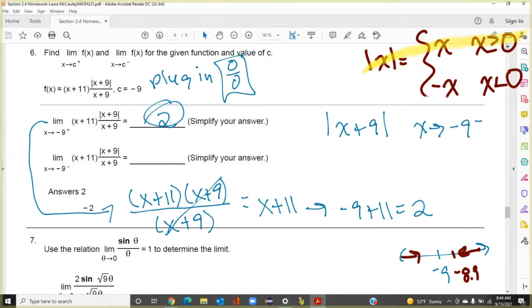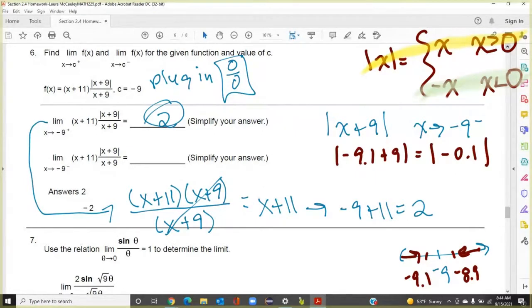And think about that number line again down here. If you come in from the left, you're going to get something like -9.1, a little bit less than -9. So if you plug in, say, a -9.1, you are going to get a negative under here. So what do you do if you get a negative inside your absolute value? You use this, which means you take the opposite of whatever's inside.